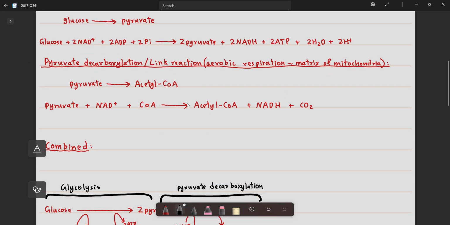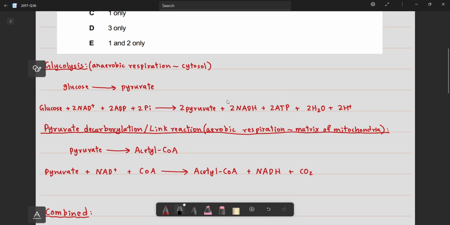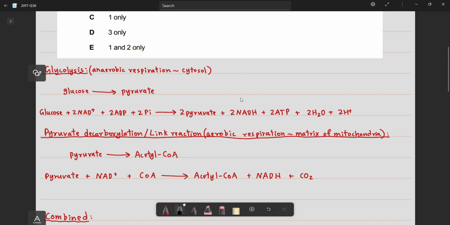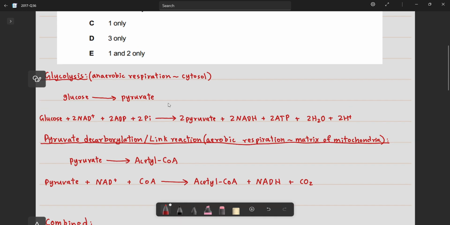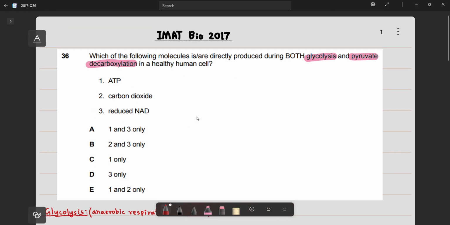Okay, so now from here itself, while writing the balanced chemical equation for both of these reactions, you must be able to identify the common product, because the main part of the question is which of the following molecules are directly produced during both glycolysis and pyruvate decarboxylation, meaning which are the main common products.